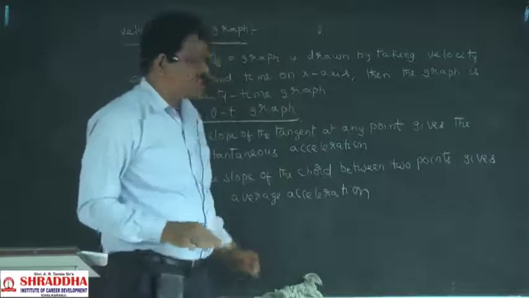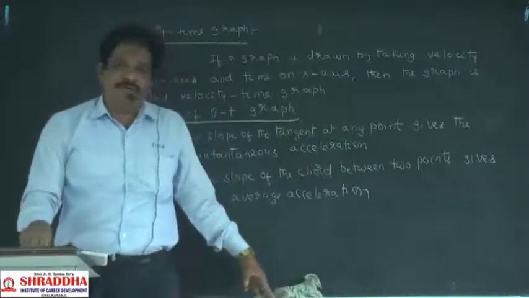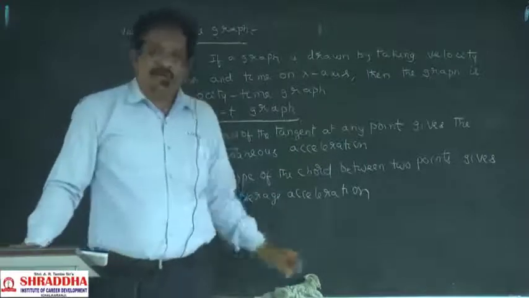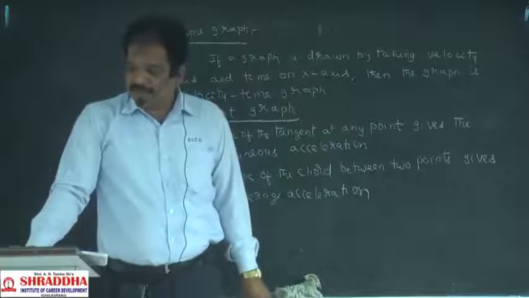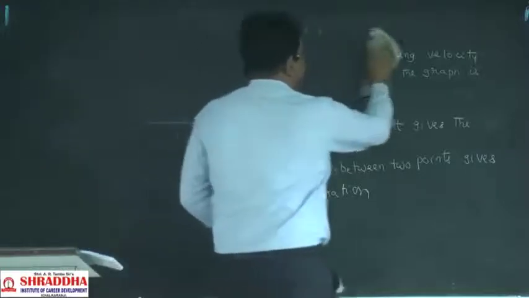Okay, that is the second. In the displacement time graph, the slope of the chord between two points gives the average velocity. Next, the third one. Uses we are discussing.